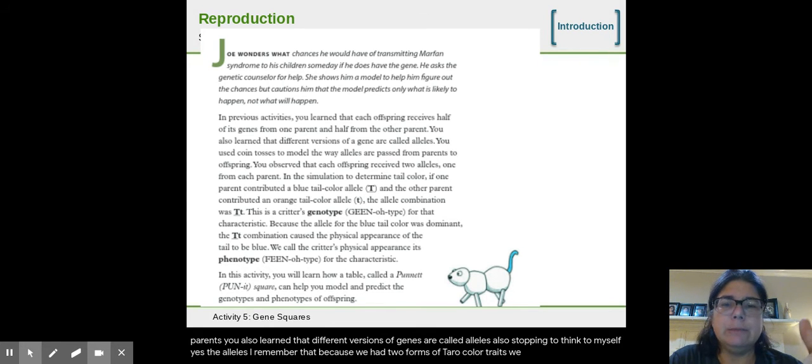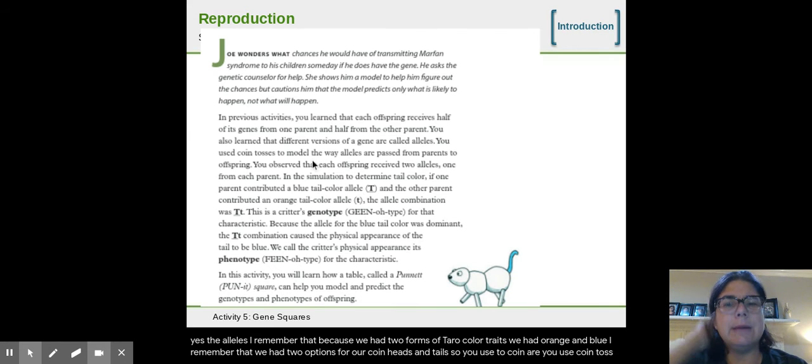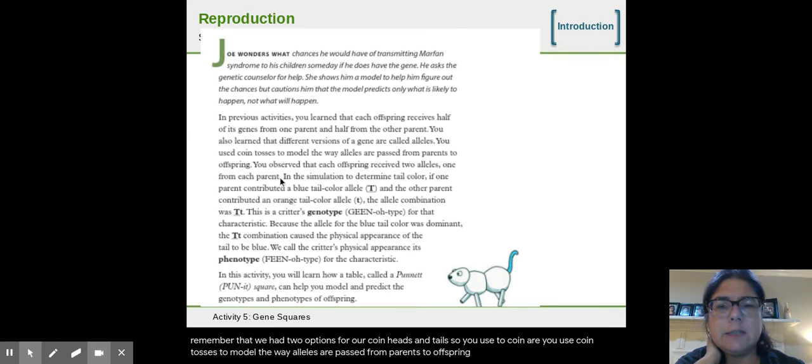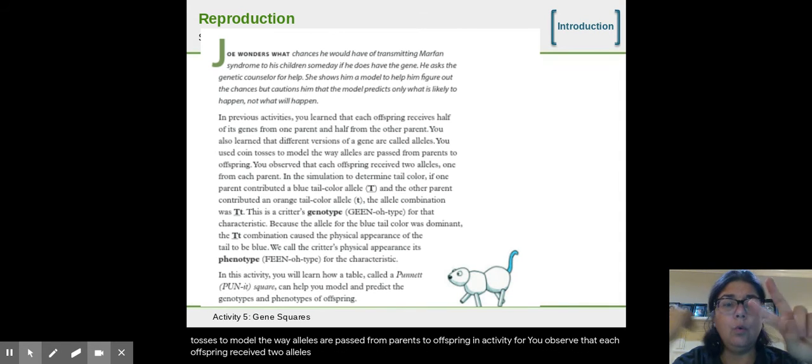We had orange and blue. I remember that. We had two options for our coin, heads and tails. So you use coin tosses to model the way alleles are passed from parents to offspring in activity 4. You observe that each offspring received 2 alleles, one from each parent, mom and dad, biological mom and dad.